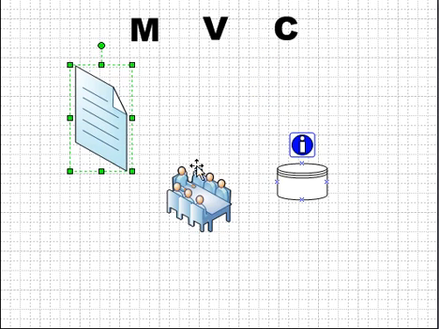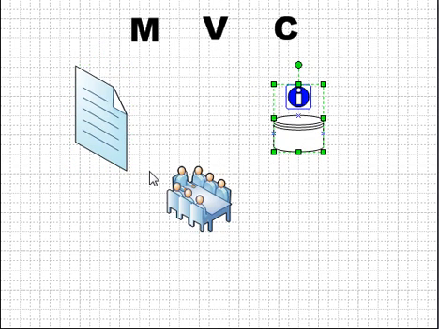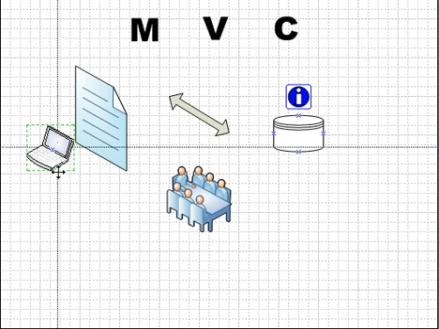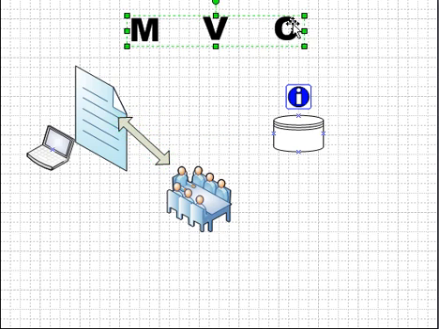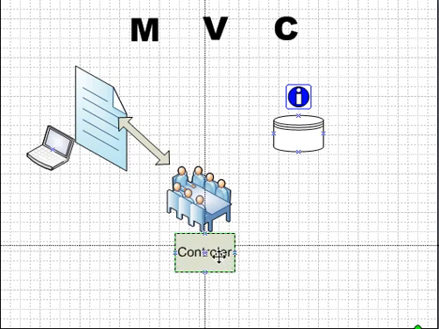So in Model View Controller applications, you present a view to the end user on their laptop. When they interact with the view, they talk to the controller, the C part of MVC.